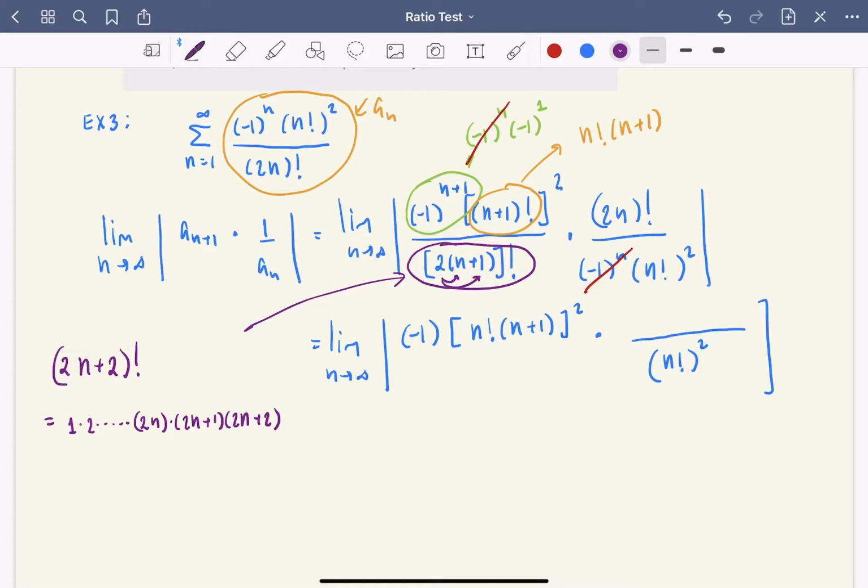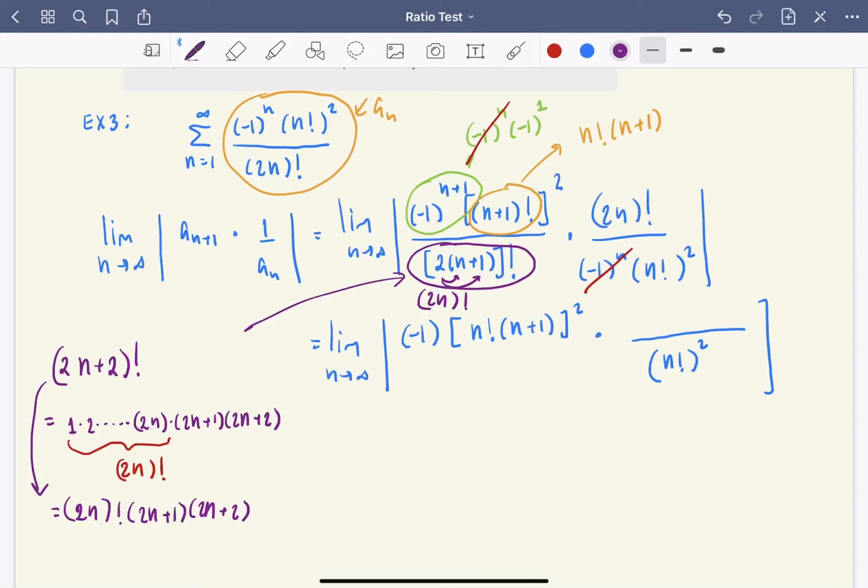From here to here add 1 unit, from here to here add 1. Which we see that from here to here, this is 2n factorial. That's why this is equal to 2n factorial times 2n plus 1 times 2n plus 2. Okay, that's what we have for this one.